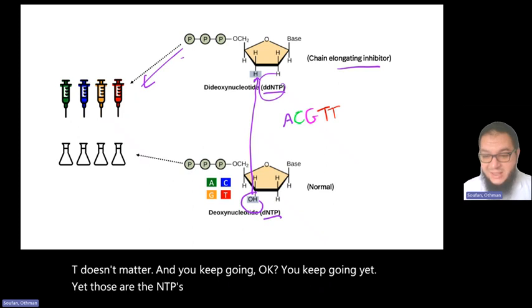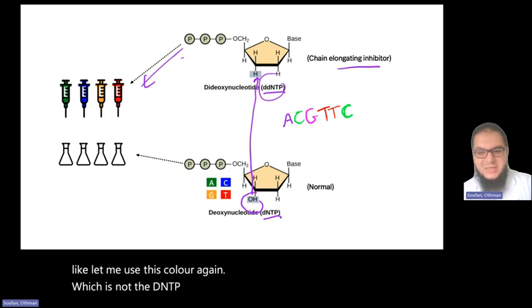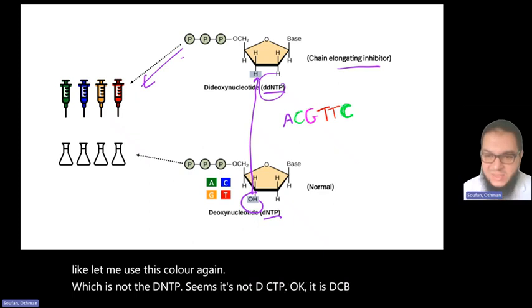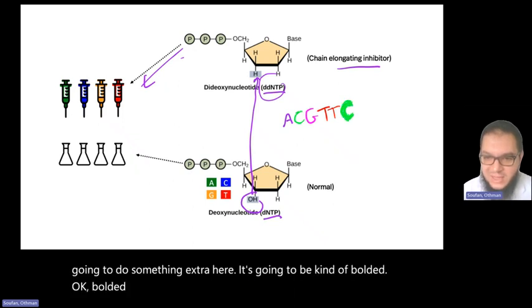Yet the moment we have something like, let me use this color again, C, which is not the dCTP, it is ddCTP. I'm going to make it bolded, okay, bolded more.